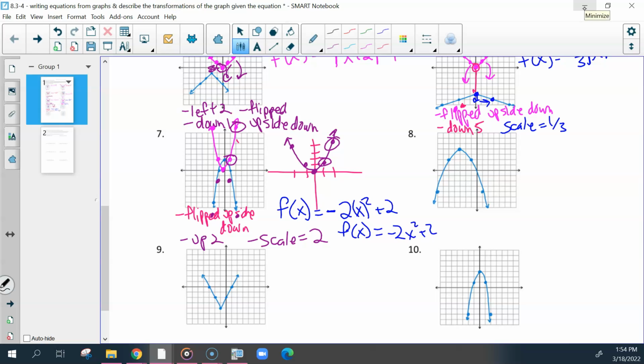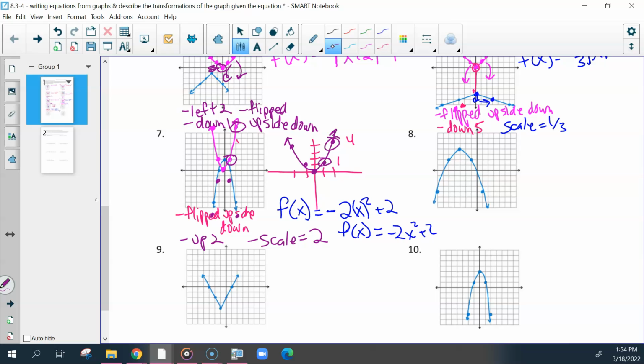So for this last one, let's say we went ahead and did that same thing. One, you can tell it's wider. You could also think about it like this. So you know the originals are at 1 and 4, but now they're changed. So let's figure out what that new scale is. So I'm going to fix this so it would look like the original.